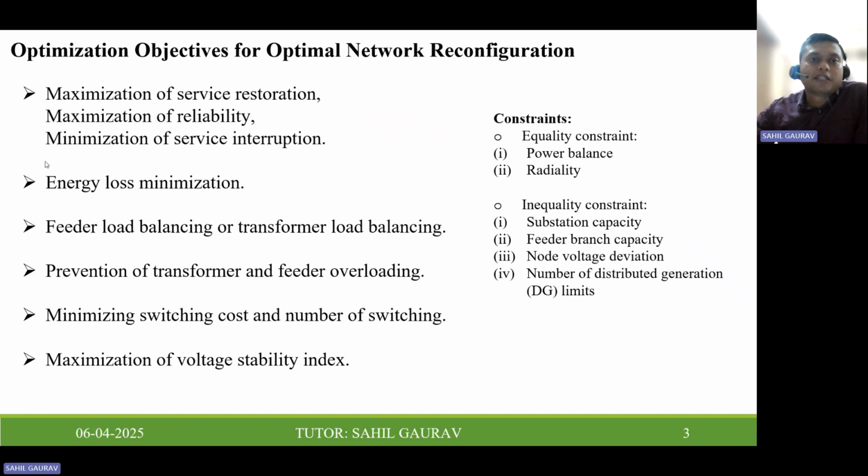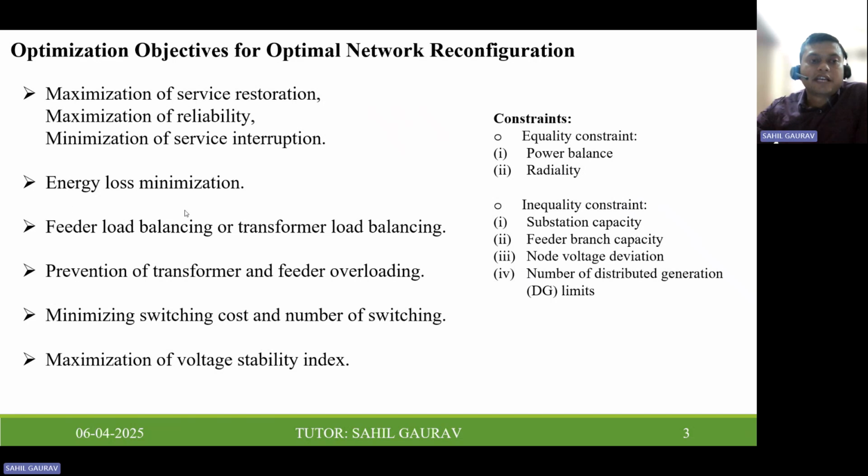Now, what can be the optimization objectives for optimal network configuration? There may be different objectives, like maximization of service restoration, or in other words maximization of reliability or minimization of service interruption.